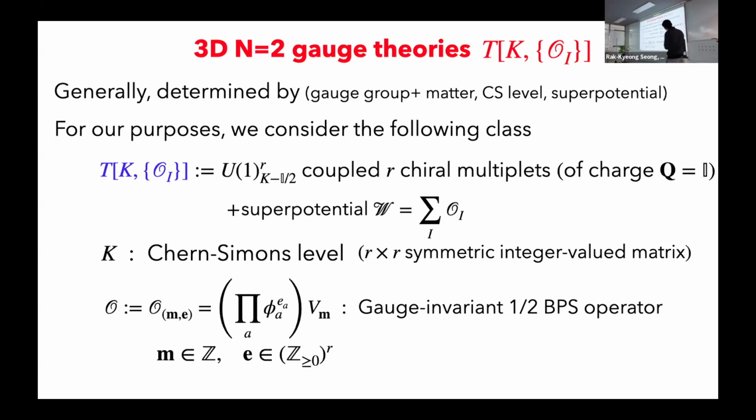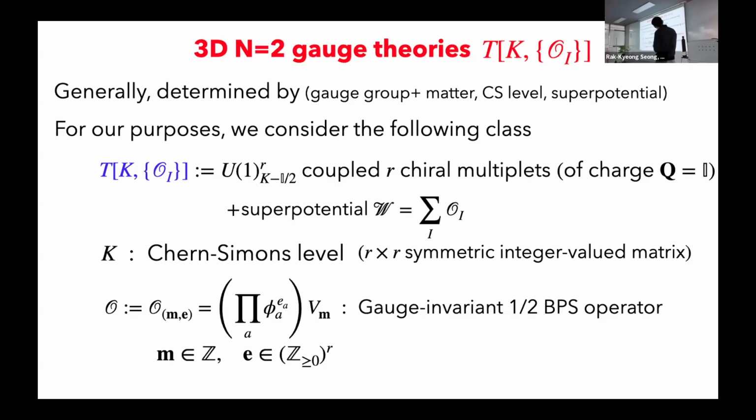Generally, 3D N=2 gauge theories are determined by the gauge group, the matter fields, the Chern-Simons level and the superpotential. But for our purpose, we will consider the following class, a certain nice class labeled only by the simple data K, an r times r symmetric integer-valued matrix, and some superpotential deformations.